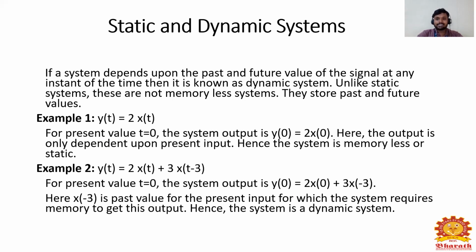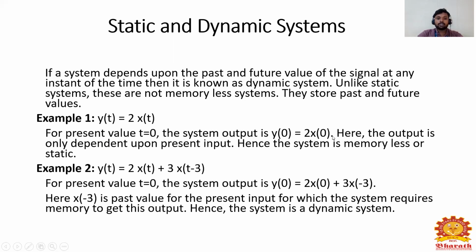So let us see the example for static and dynamic system. Example 1: y of t is equal to 2 into x of t. For the present value, I am substituting t is equal to 0. The system output is y of 0 is equal to 2 into x of 0.